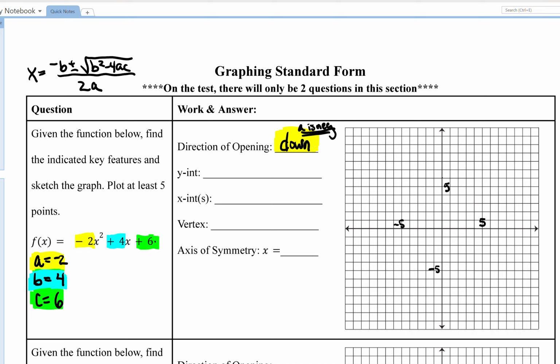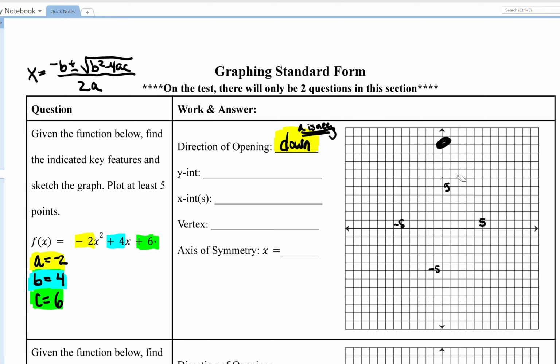My y-intercept is the easiest thing to get from standard form. The y-intercept is where it crosses the y-axis, and everywhere along the y-axis, x is 0.